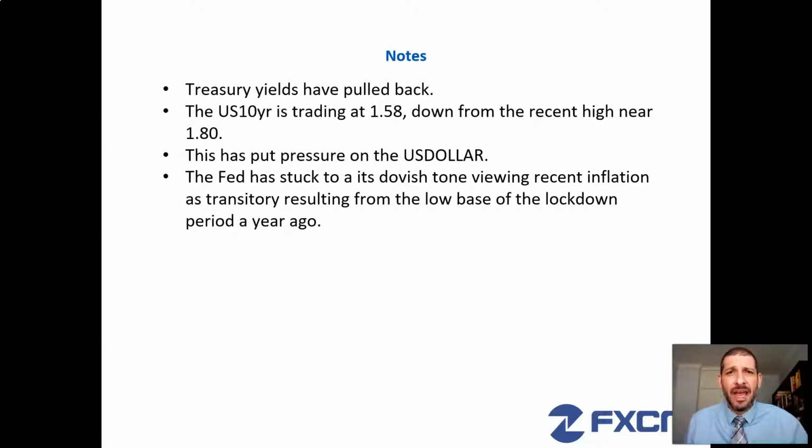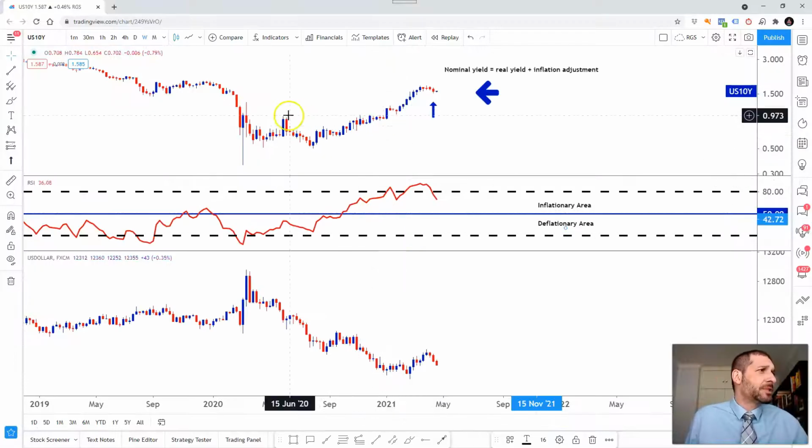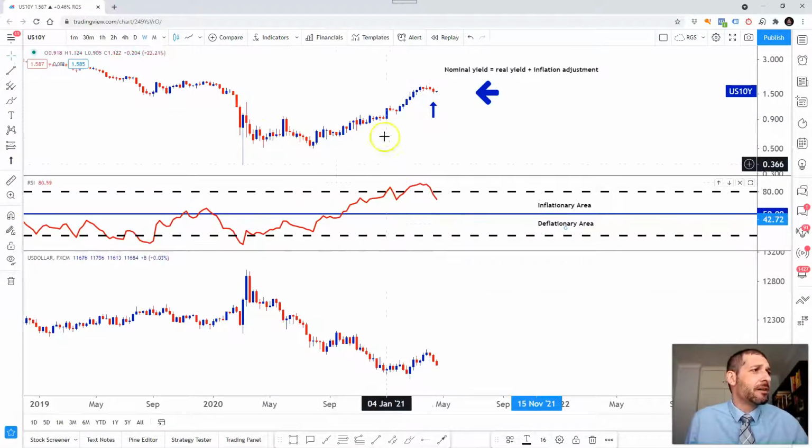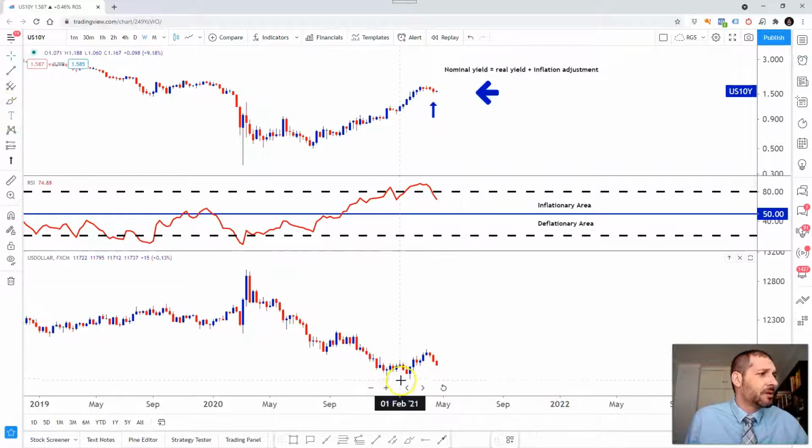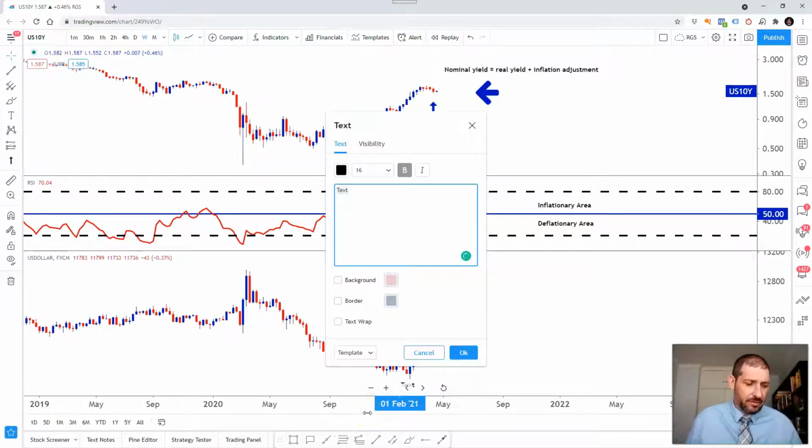Let's just take a look at the charts. Alright, so our top chart here is the US 10-year yield. I've got the RSI of the 10-year yield just below that, and then we have the US dollar. What I want to show you is the peaks and troughs. So what we'll do is we will put in a trough right here as a reference.